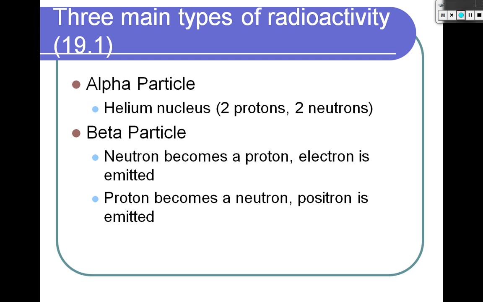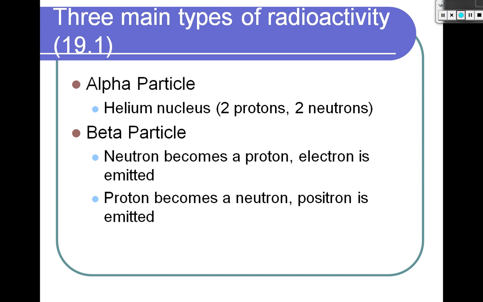The second kind is a beta particle. So if you know your Greek alphabet, we go alpha and then beta, which for those of you who enjoy English, the word alphabet comes from alpha and beta. There's several different kinds of beta particles. I'm going to highlight 2 here. The first is, if you remember, neutrons and protons are made up of smaller particles called quarks.